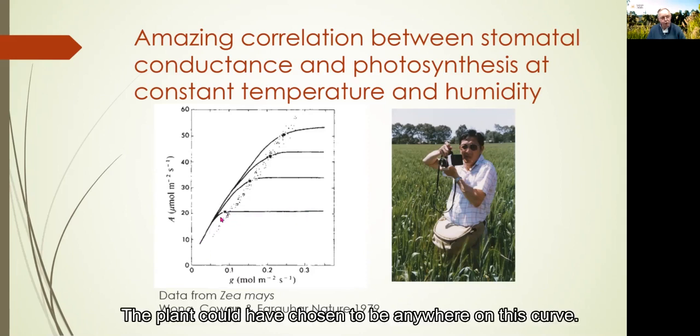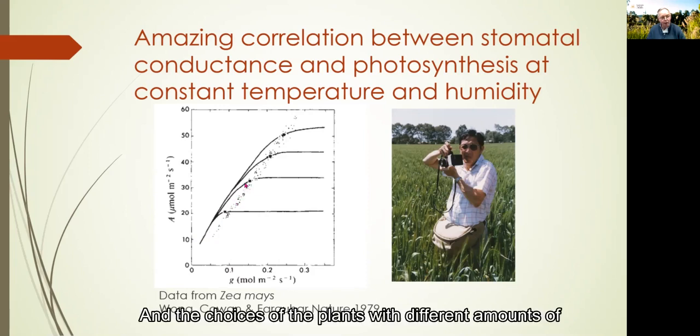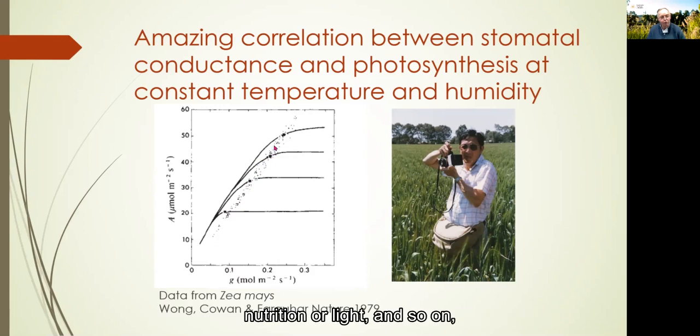The plant could have chosen to be anywhere on this curve, but it chose to be here. And the choices of the plants with different amounts of nutrition or of light and so on serve to make an almost linear relationship between assimilation and conductance.